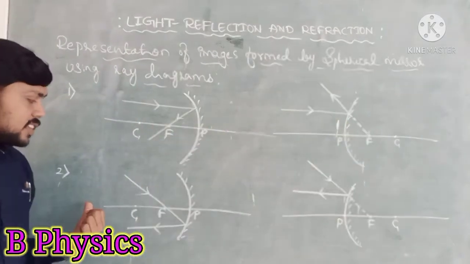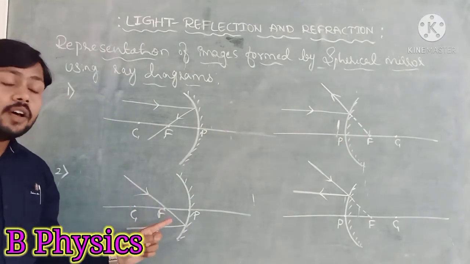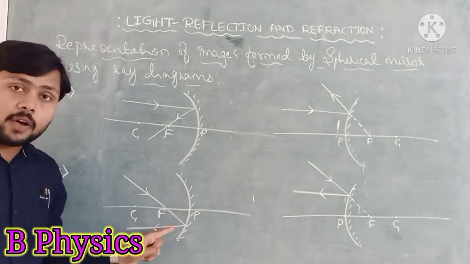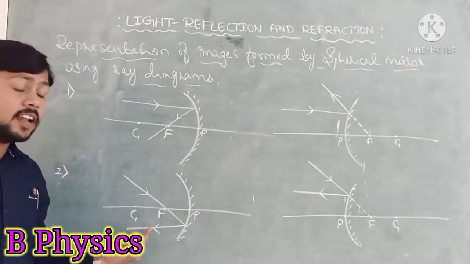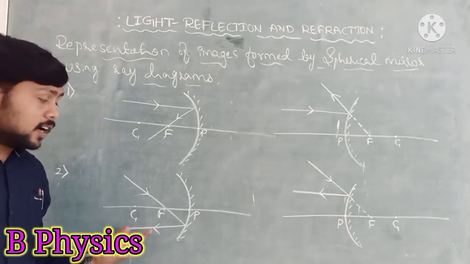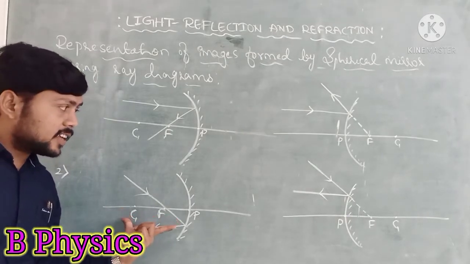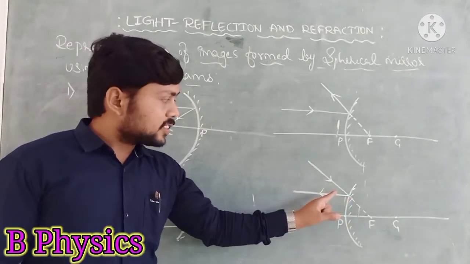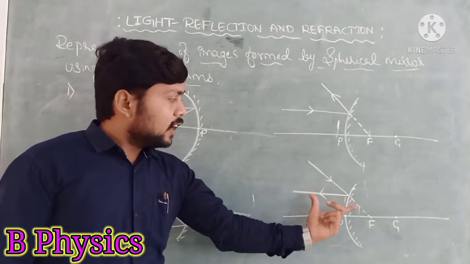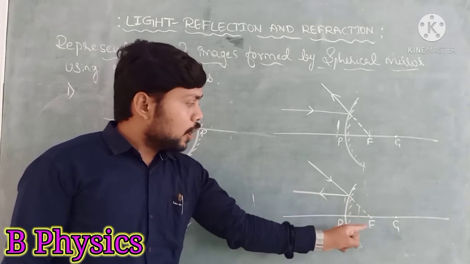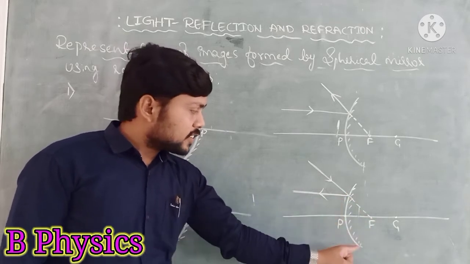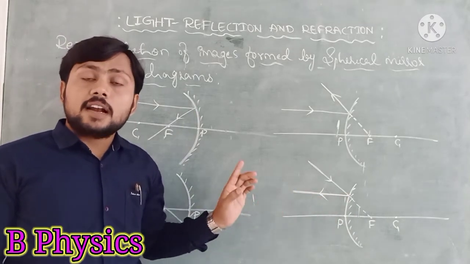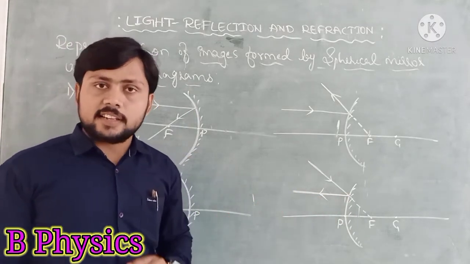The second rule says that a ray of light which is passing through principal focus of concave mirror, after reflection will emerge parallel to principal axis. But in case of convex mirror, when a ray of light is directed towards principal focus of convex mirror, after reflection, it will emerge parallel to principal axis.